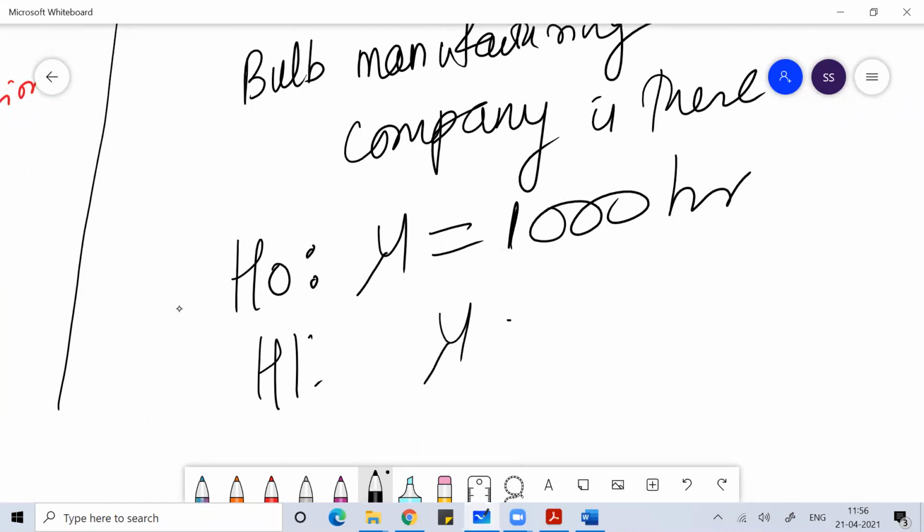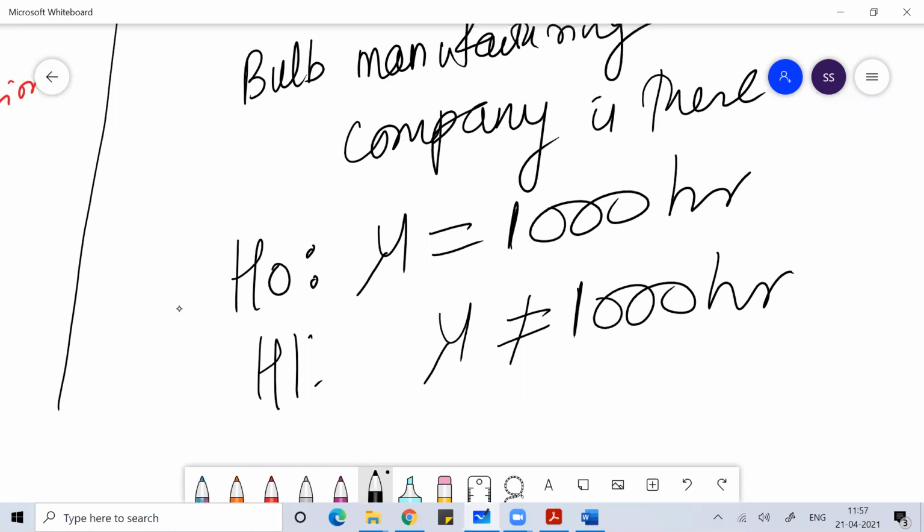So here we'll do a two-tail test. Why do we do a two-tail test? Because if the average life is more than 1,000 hours, then it's not good for the company. If the average is less than 1,000 hours, then also it's not good for the company. Imagine the average life is less than 1,000 hours, and all its competitors' bulbs are around 1,000 hours.